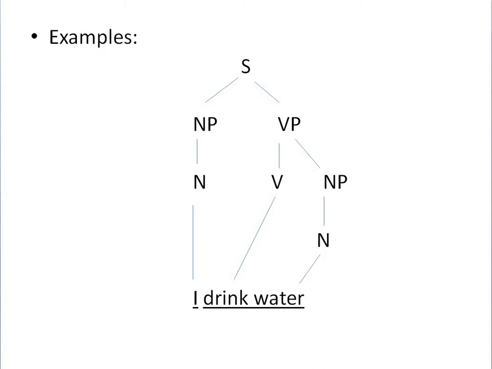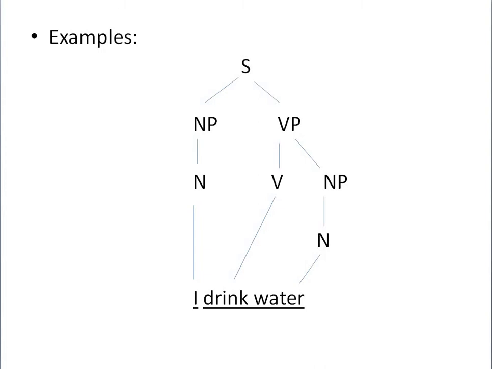After dividing the sentence into a noun phrase and a verb phrase, you have to further divide them: how is a noun phrase made, and how is a verb phrase made, how words combine to form them. We have divided that the sentence is made of a noun phrase, which is I, and a verb phrase, which is drink water. Now the noun phrase is further made of what?